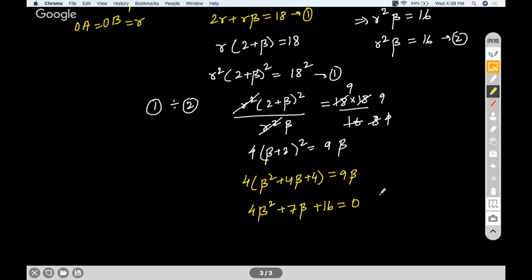Now, can we try to solve for beta from here? 64 is factorizable. Can we factorize this? Try factorizing it. Try to solve this from here.